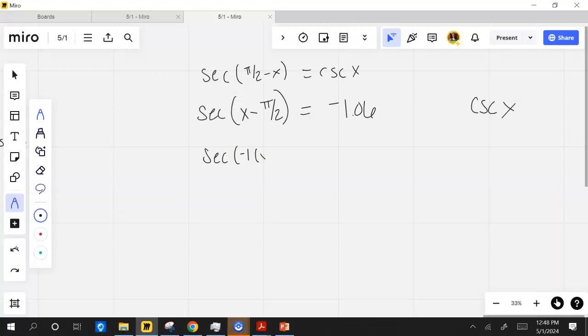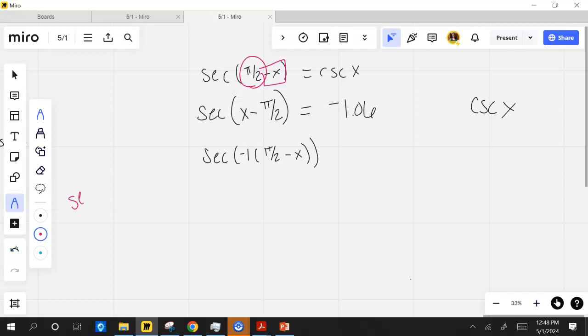So this is actually, because the way the identity reads, the pi over 2 needs to be positive and the x needs to be negative. And they're backwards right now. Now what happens to the secant of negative theta?